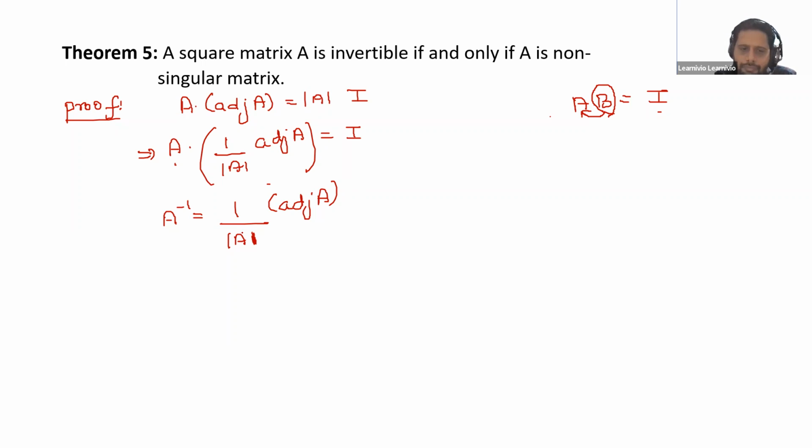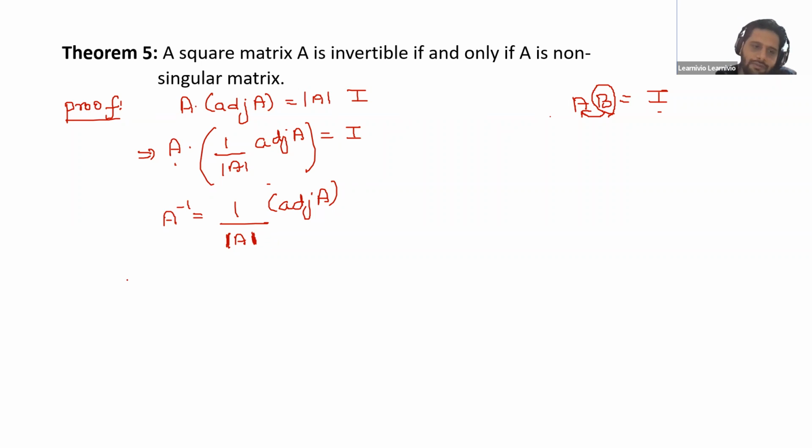Always remember that in mathematics we cannot have a zero in the denominator, otherwise it becomes not defined. Now, in what case does this inverse exist? When the determinant is not equal to zero, because the determinant is in the denominator.